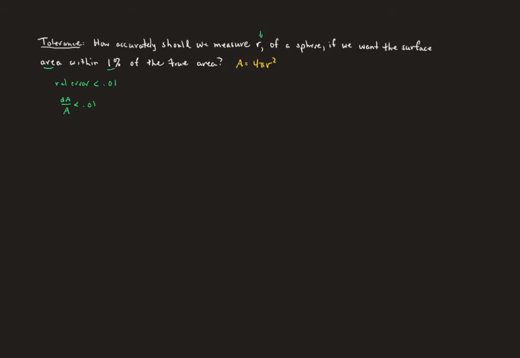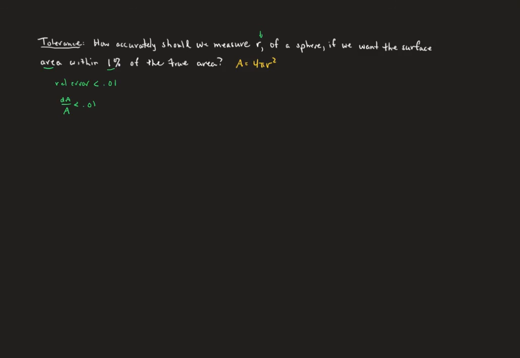So using the same idea, we want to figure out what percent error in measuring r, the radius, will lead to a percent error of less than 1% in the true area.